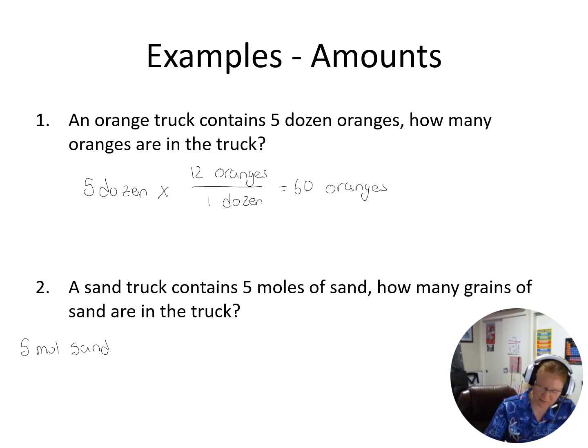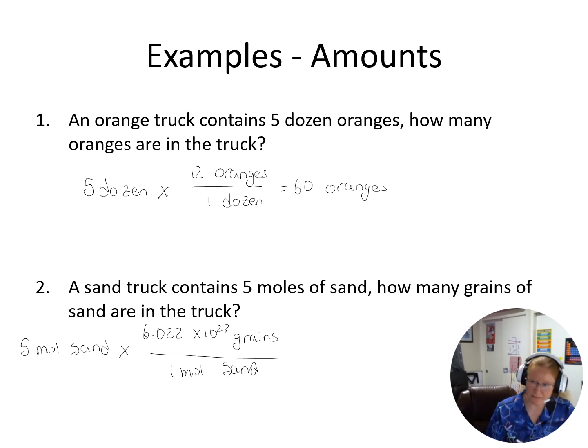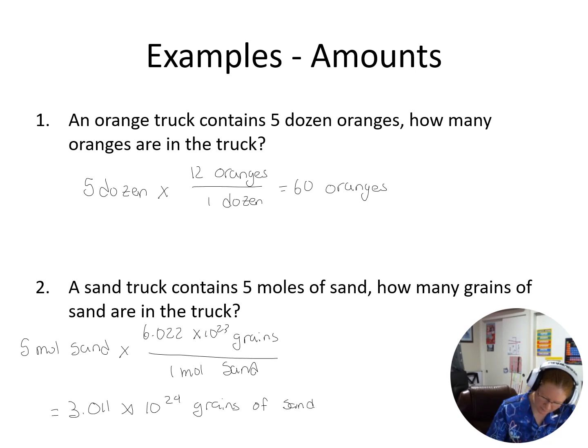So I can take my 5 moles of sand times 6.022 times 10 to the 23rd grains in every 1 mole. And so I end up with 3.011 times 10 to the 24th grains of sand. That's a lot of sand.